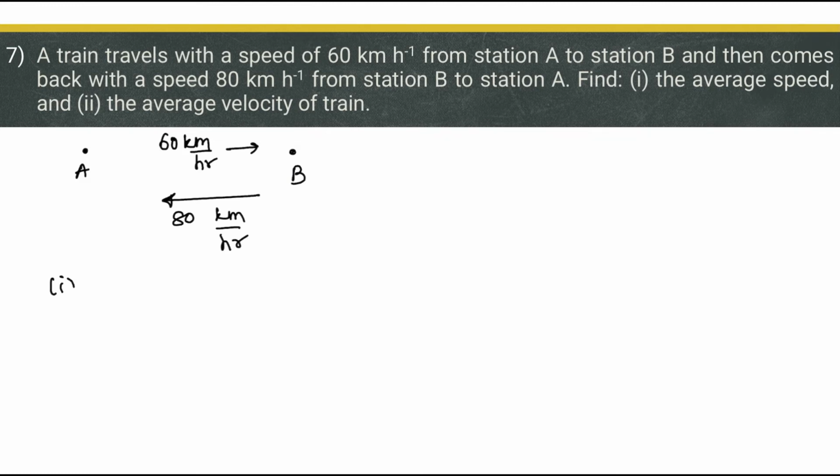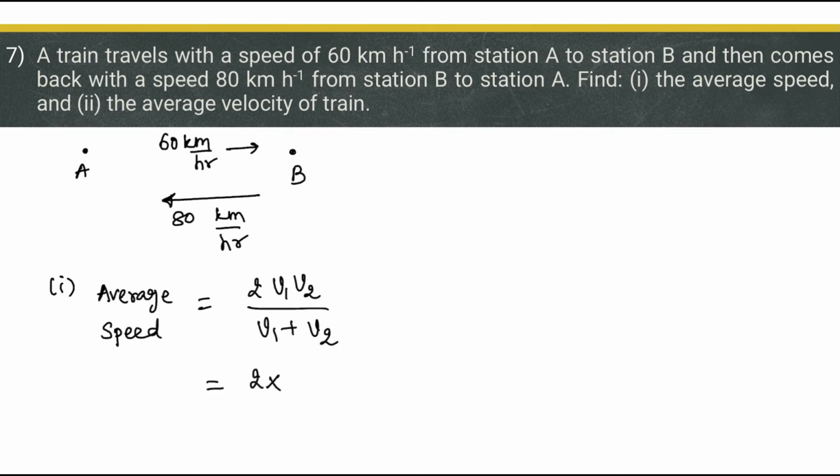So to find out the average speed, we can use the formula 2 V1 V2 upon V1 plus V2. 2 into V1 is 60, V2 is 80 upon 60 plus 80. So when we simplify this, we get the answer 68.57 kilometers per hour.